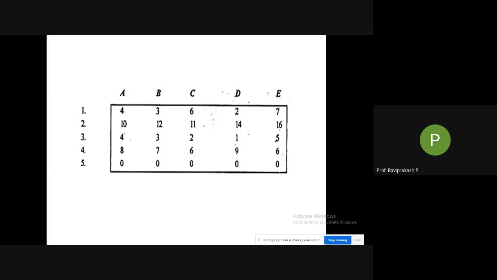So there will be no lowest value. The lowest value would be 0 and the matrix remains the same. So you only need to do row reduction, and for column reduction you say that 0 is present in all the columns, so the matrix remains the same. Then after the row reduction, you can directly start with finding zeros.